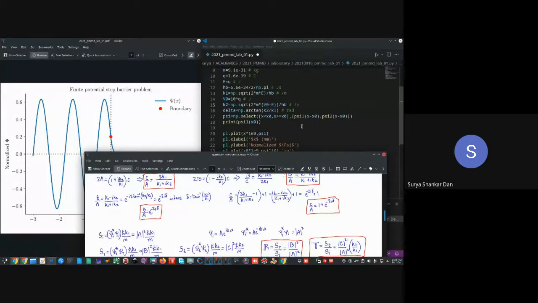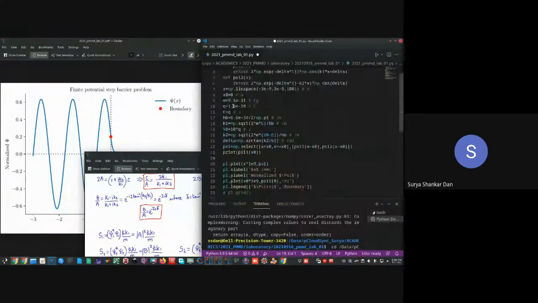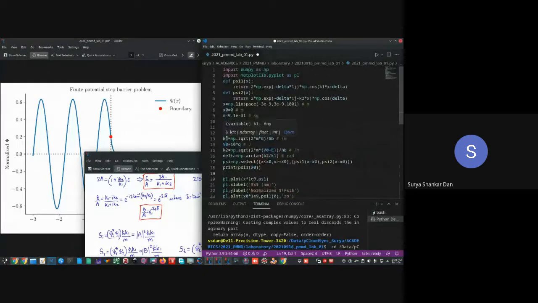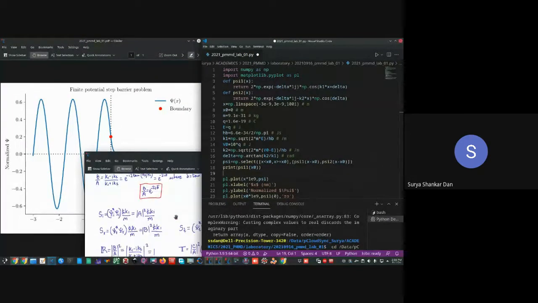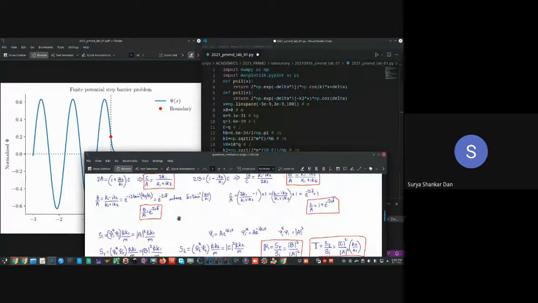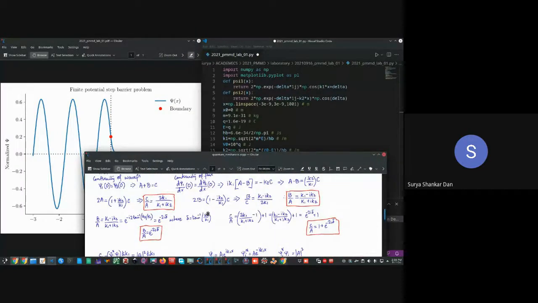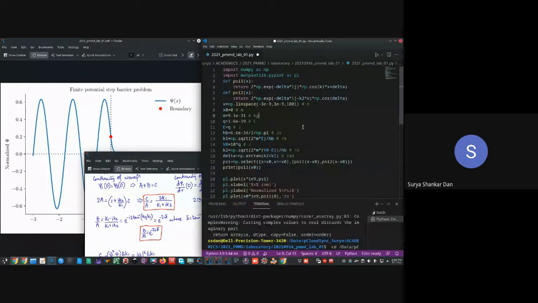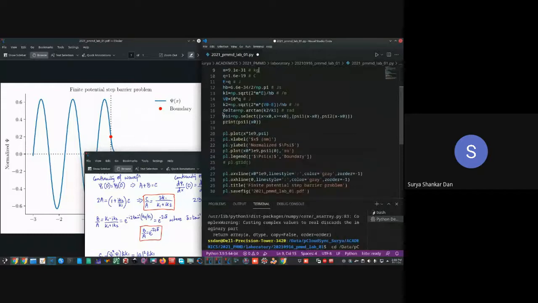K2 is here, and we have K1 also, twice mE by H cross. So we get delta as tan inverse K2 by K1. That's exactly what we had here, and we have done the same in line number 16.